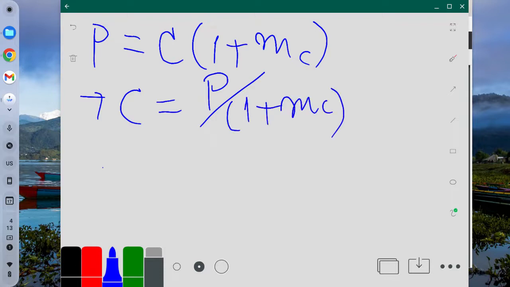And if the markup rate is based on selling price, we already found that.